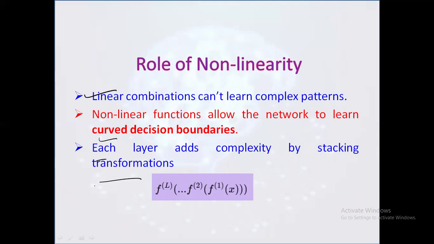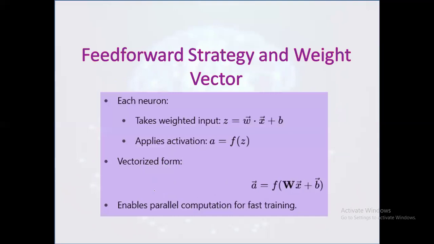Next, the feed forward strategy, the weight vector. Each neuron takes a weighted input z = w·x + b. A neuron receives multiple inputs and combines them using a dot product, w·x, plus a bias term b. The result is the value z that gets passed through the activation function, A = f(z).